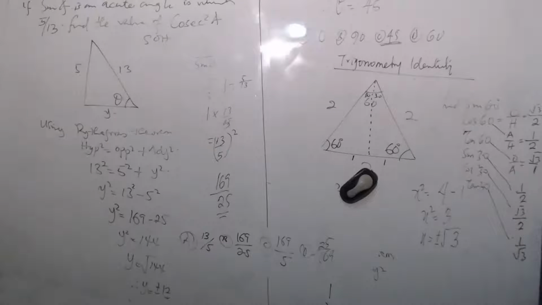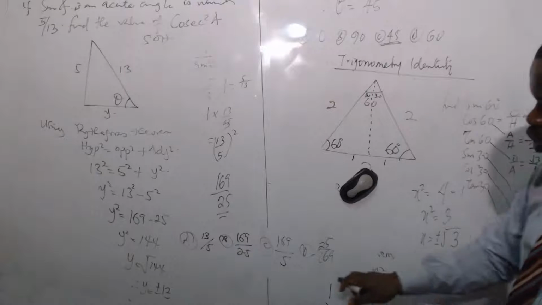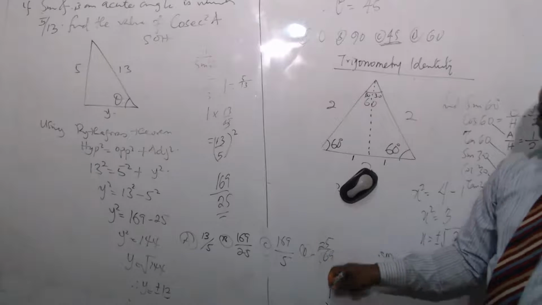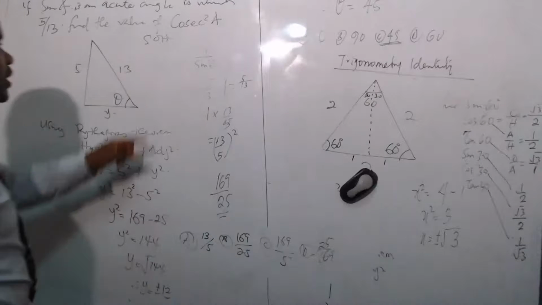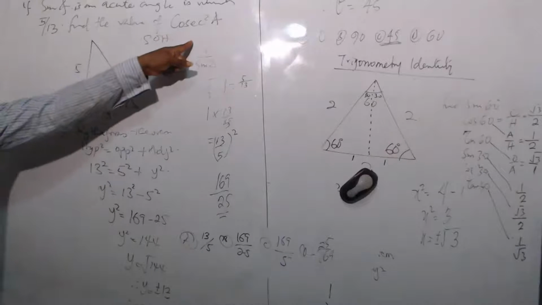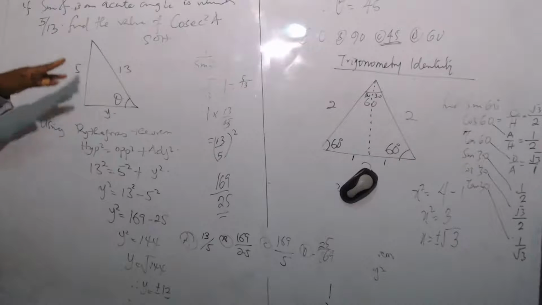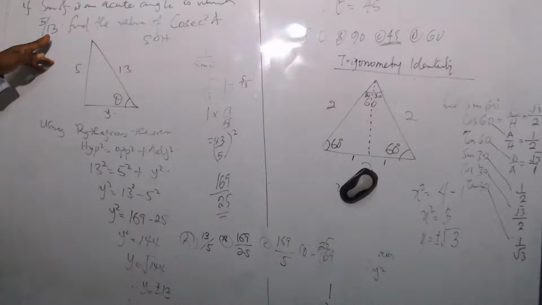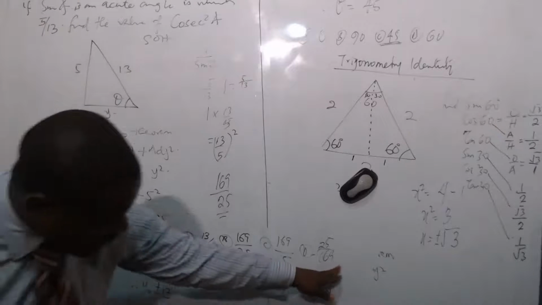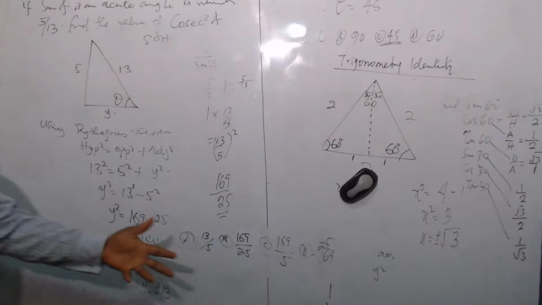And I'm sure a lot of students will go with this, because they know the inverse of this is this. So they just square this: 5 squared is 25, and 13 squared is 169. Oh, the option is there. They just pick, and that is wrong.